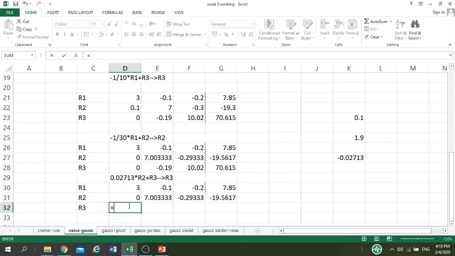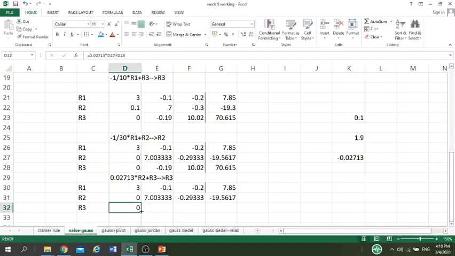Here, 0.02713 times row 2, which will give us 0, plus row 3 is 0. Follow this operation that we have set earlier, so this becomes 0.